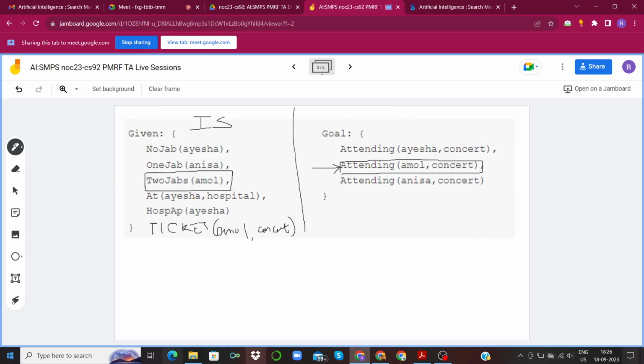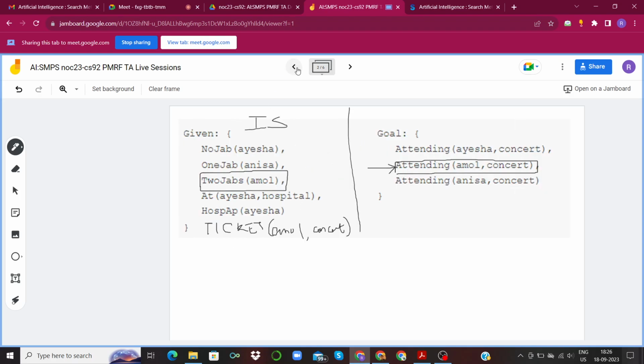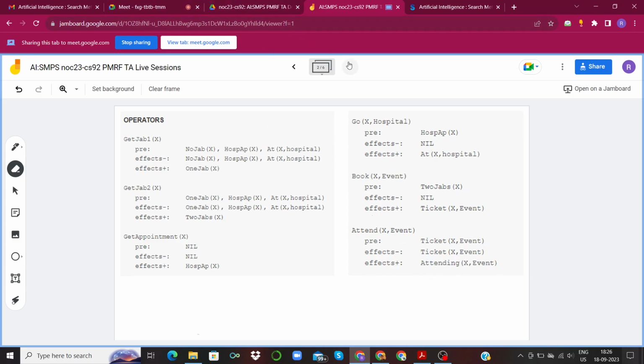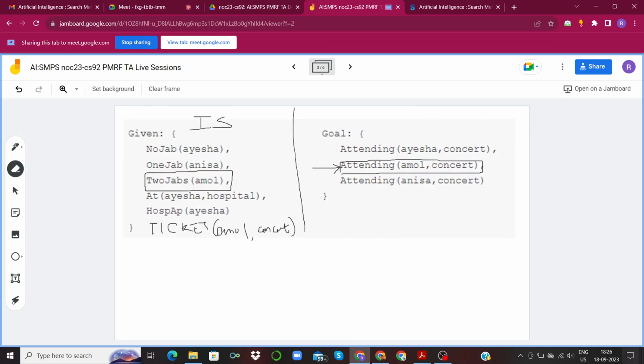So as some of you pointed out in the chat box, the optimal plan for Amol would be to use these two operators to first book the ticket for the concert and then go on to attend that concert. So it will have only 2 steps. Amol will have only 2 steps in his plan. Okay, now let's consider Anisa.